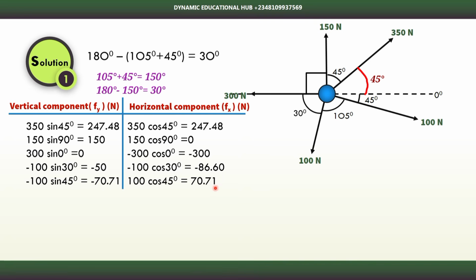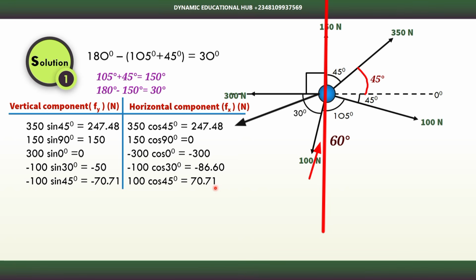Now we've calculated the respective horizontal and vertical components of each force here. Now before we find the algebraic sum, let me quickly explain this. Now don't mind this diagram. Look at this 100 Newton here. The angle between this 100 Newton and the horizontal plane is 30 degree, and the angle between it and the vertical plane will be 60 degrees. 60 degrees is more than 30 degrees, so it means that the direction should be a bit close to the horizontal plane.